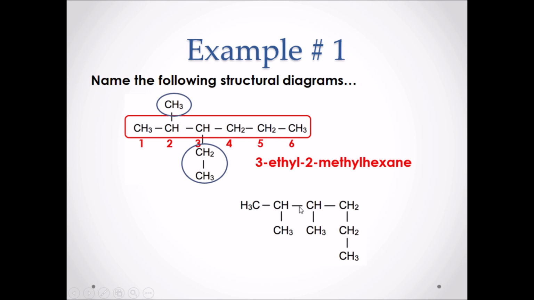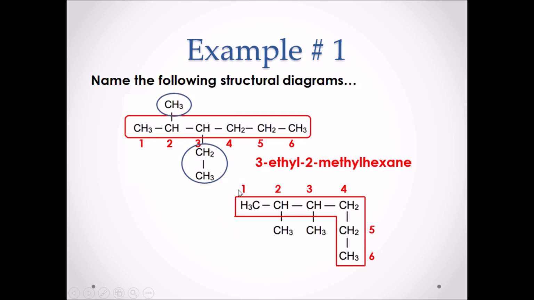In our next diagram, we'll circle the longest carbon chain. Remember, it does not have to be straight. We have 1, 2, 3, 4, 5, 6 carbons, again, in our longest carbon chain. And we'll number it from the side that gives all branches the lowest value.